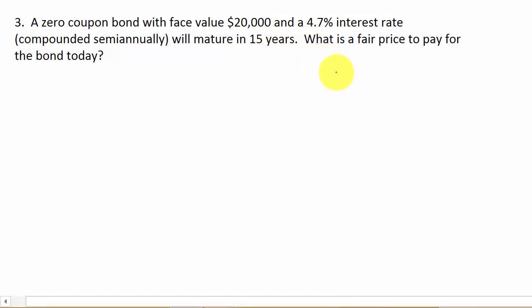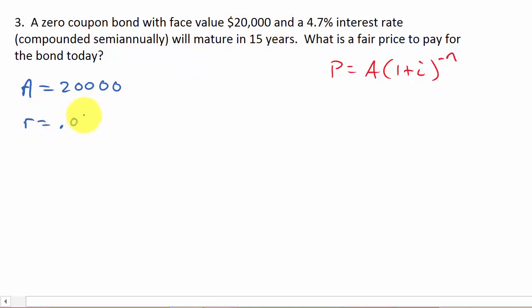So P equals A times (1 plus i) to the negative n. A is equal to the $20,000, that's our future amount. R, the interest rate, is 0.047. M, semi-annually, so m is 2.